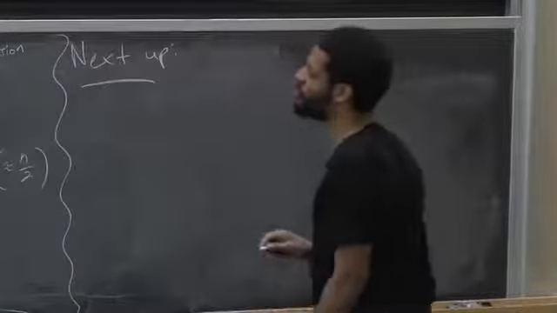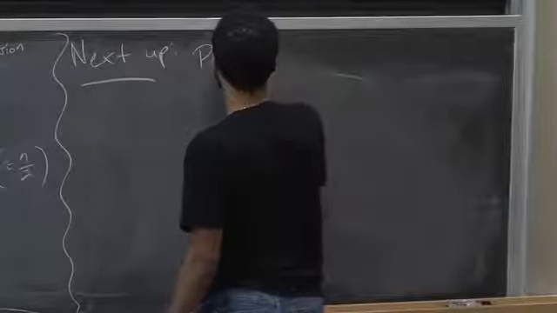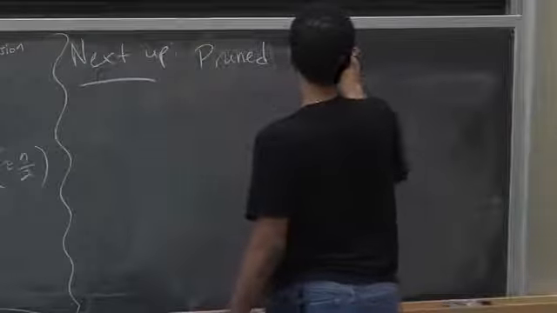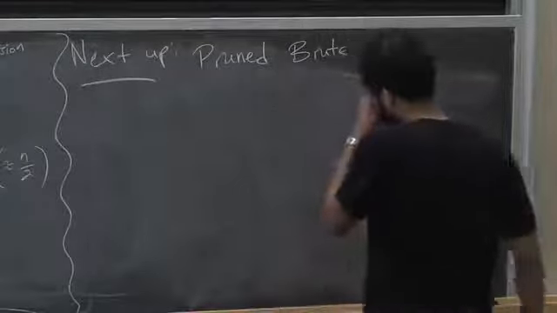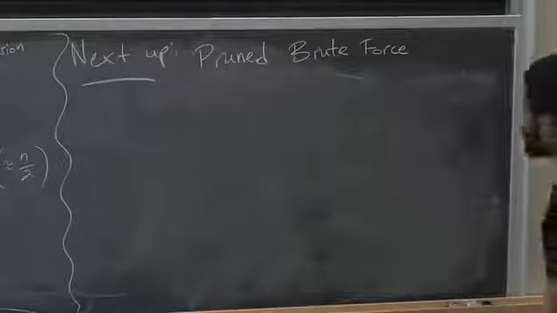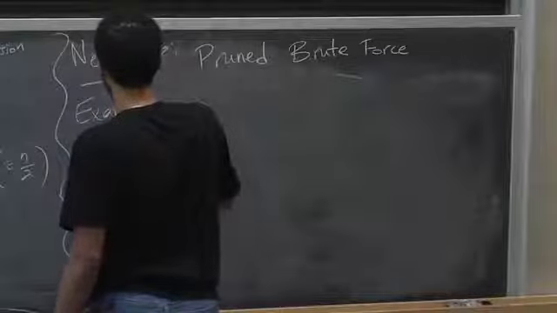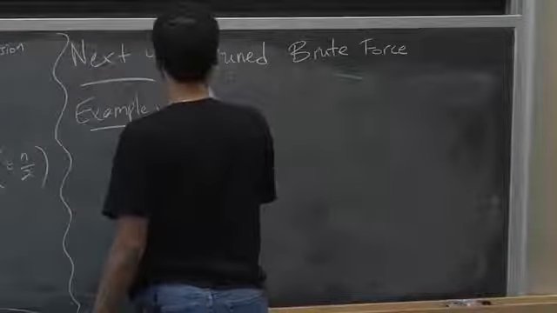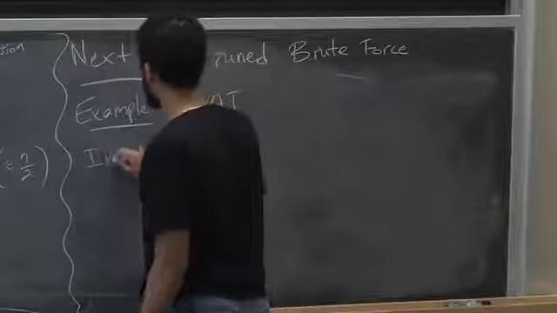I want to show you this pruned brute force. So let's look at an example problem, which is 3-SAT. So the input for 3-SAT, what does that look like?